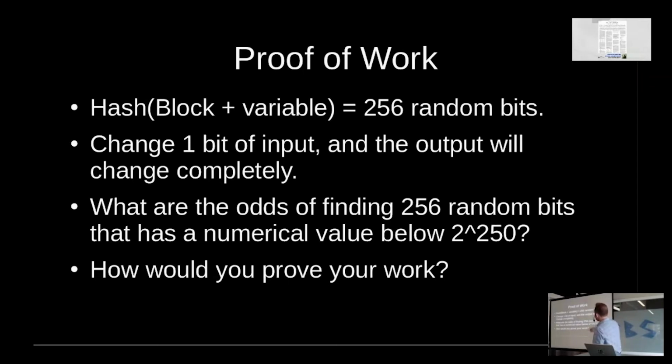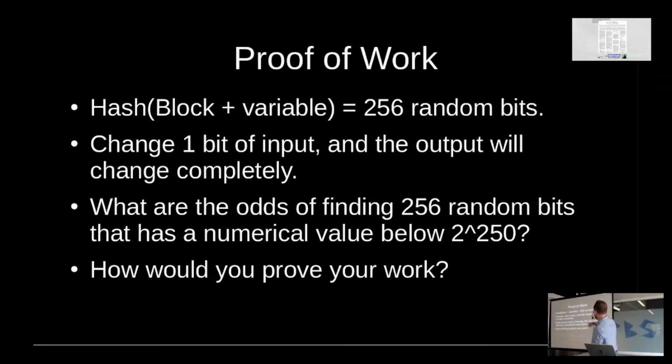So with that being said, what are the odds of finding these 256 random bits, completely random, and evenly distributed? So you get this random string of characters. There's no patterns in this data. There's no way to predict what the next hash is going to be. It's all completely random.